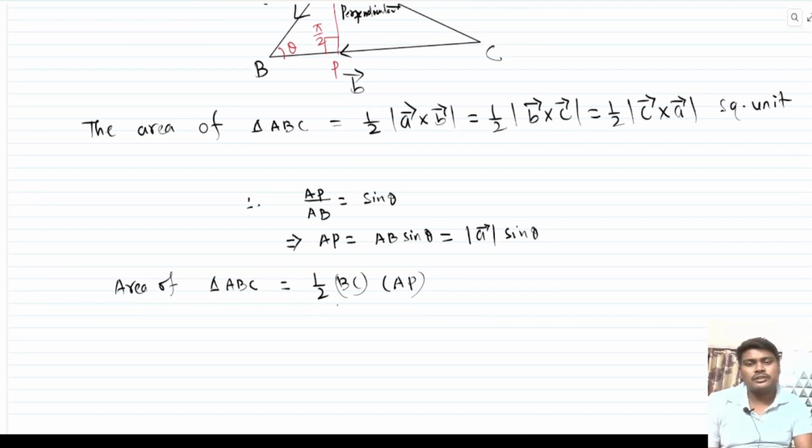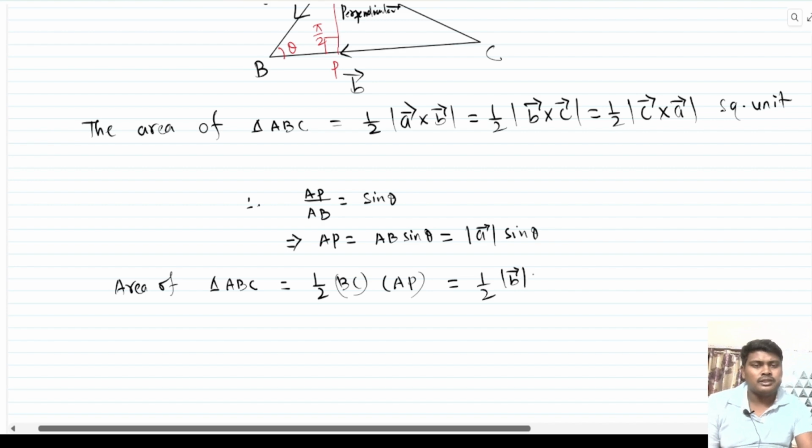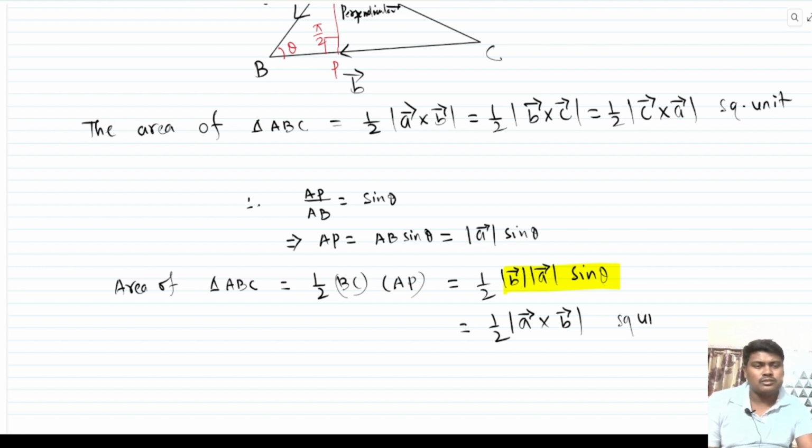That is, the area of the triangle is equal to half into base into height. We know that BC is equal to mod B, and AP is equal to mod A sin theta, so the area is half of mod A mod B sin theta, which we already know is equal to half of mod of A cross B square unit.